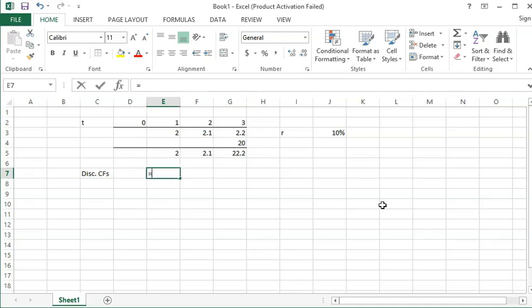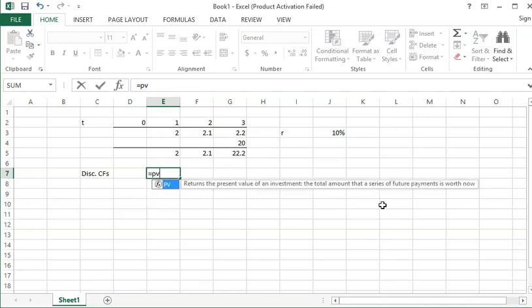Instead, simply use this formula, equals PV, present value. Have you ever used a financial calculator? In a financial calculator there is a row for time value of money. This formula is exactly the same as that row on the financial calculator.